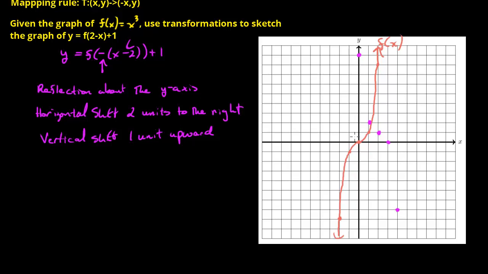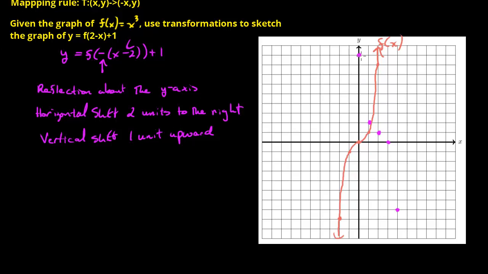So you can see that the graph of f of 2 minus x plus 1 is a reflection about the y-axis, then we shift it 2 units to the right, 1 unit upward. And again, we perform reflections before we perform any horizontal shifts or vertical shifts.